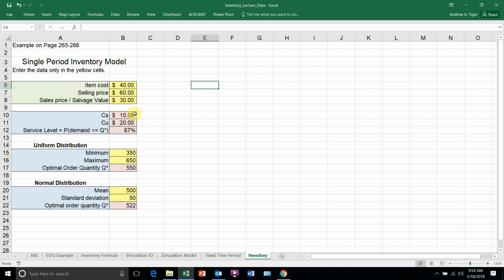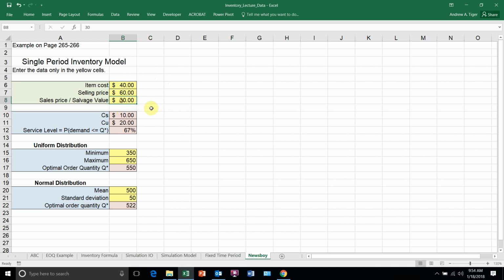It's what your cost is if you have too much. You can see that it's calculated as the difference between what you pay for it and what you can sell it for later. So if they're long, if they have too many, the unit cost is that they're out $10 for every one they have long.